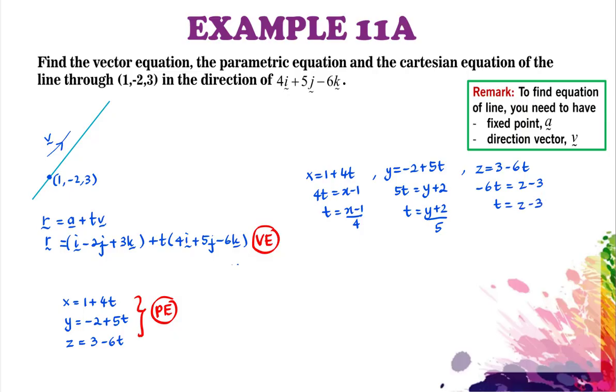For the final part of the Cartesian equation, you have to equate all of them. So we're going to have (x minus 1) over 4, (y plus 2) over 5, equal to (z minus 3) over negative 6.